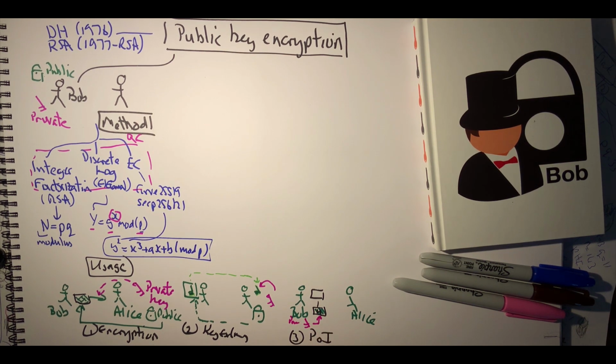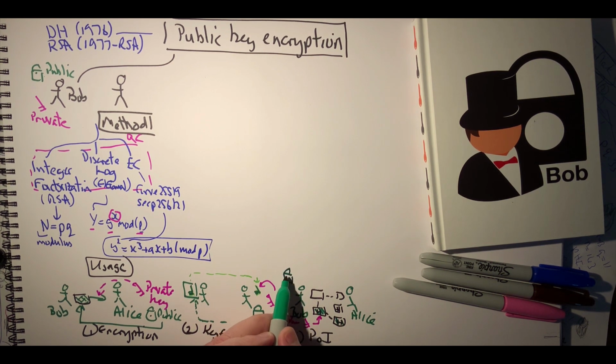Then on the other side, Alice will take the data and recreate the hash. So we get the data, recreate the hash, and then we'll take Bob's encrypted hash version there and decrypt that with his public key.